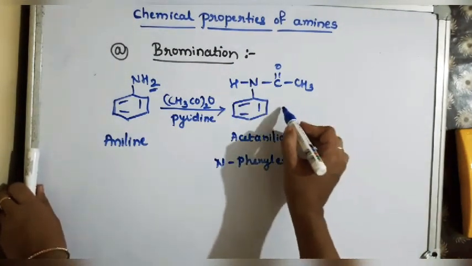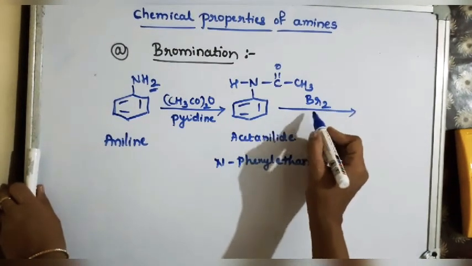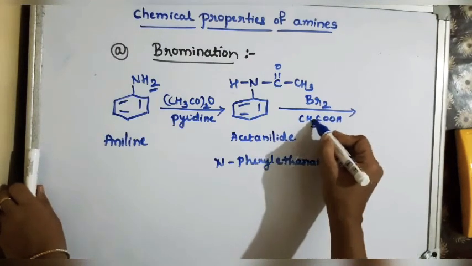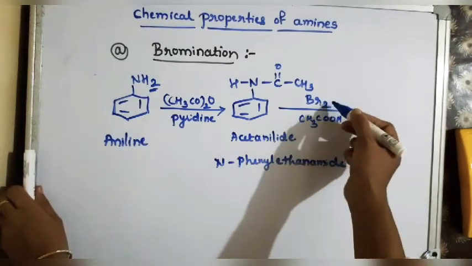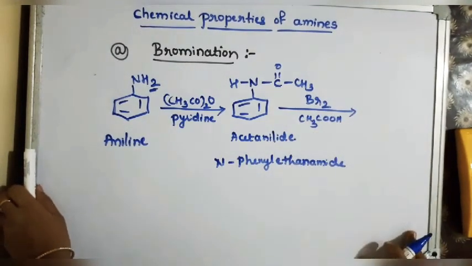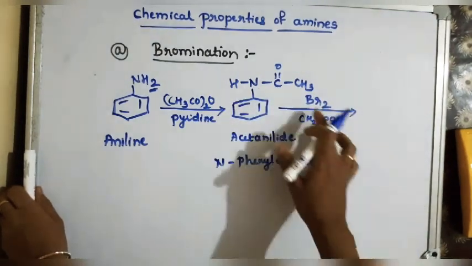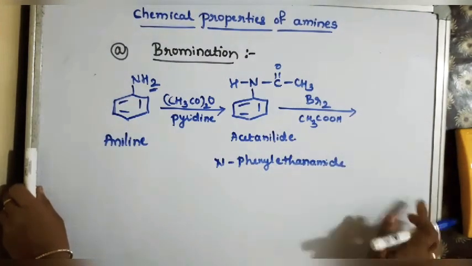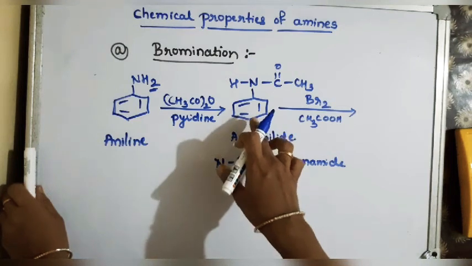NHCOCH3. Now what we have to do? We have to do the bromination. Here bromination is done in the presence of acetic acid, which is taken as a solvent. So acetanilide is treated with bromine in acetic acid, and this NHCOCH3 acyl group is also an ortho-para directing group. Compared to ortho, para will be the major product because of its stability.